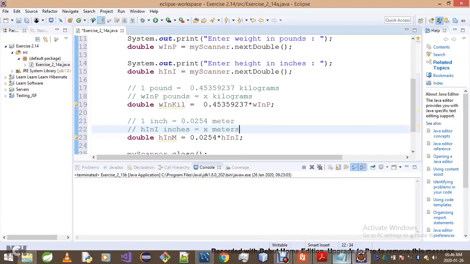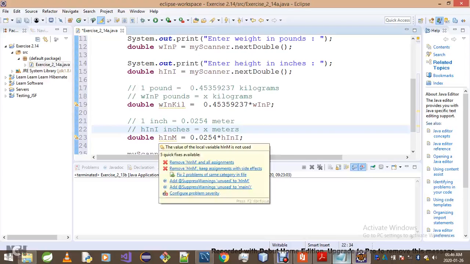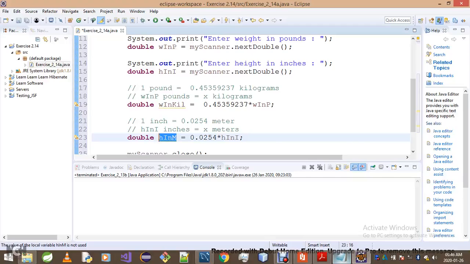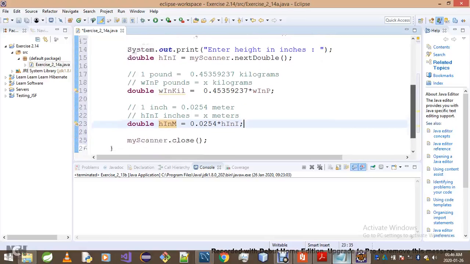So again, in this case, your x is h in m, height in meters. Simply cross multiply as we did above, and then you find the solution.